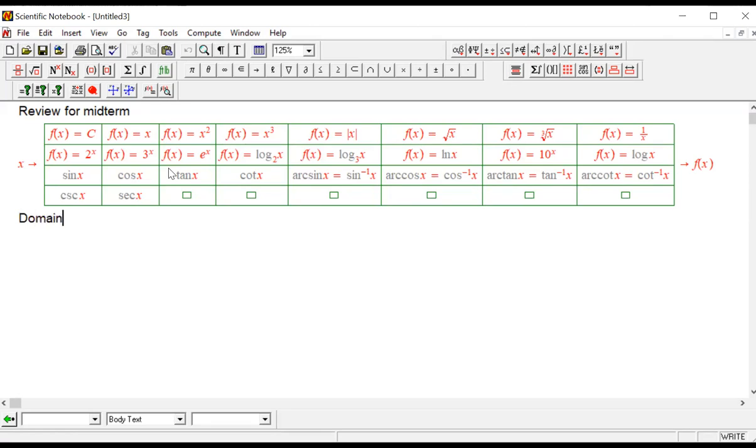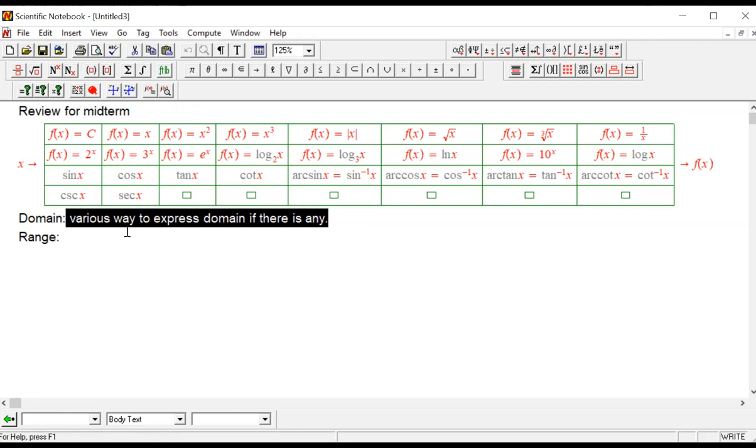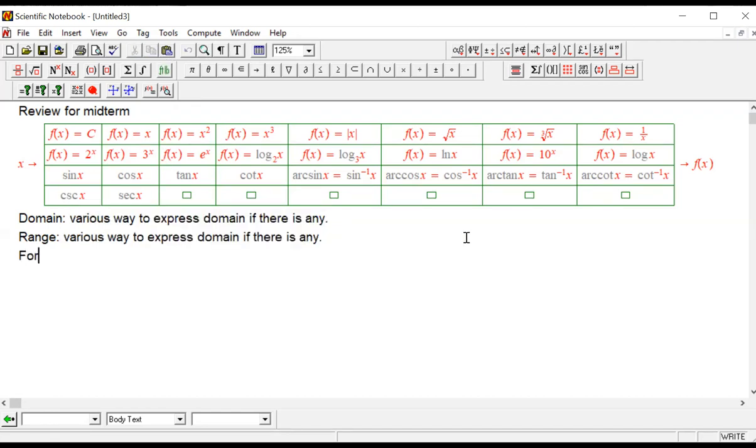Domain, range: the various ways to express the domain, if there's any, and the various ways to express range, for any particular function, for any of these functions. We study domain, range, graph.